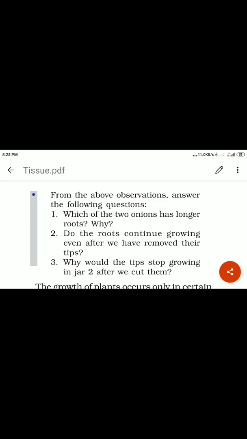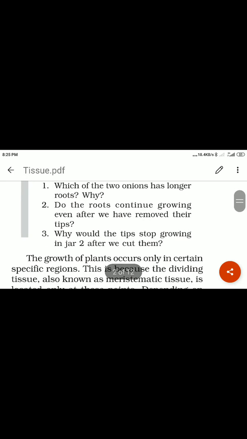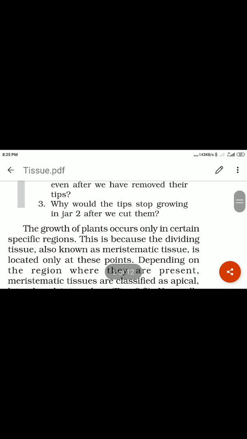Second, do the roots continue growing even after we have removed their tips? Third, why would the tips stop growing in jar second?